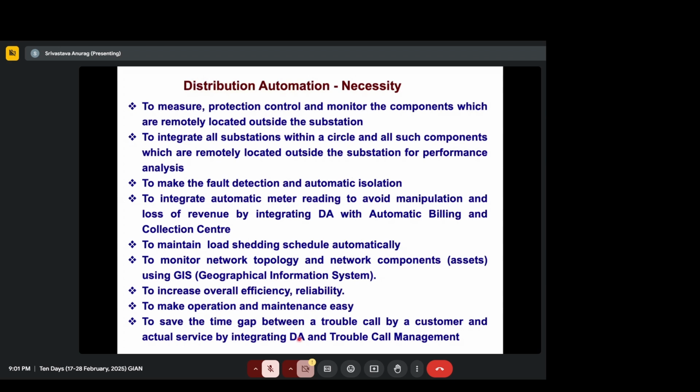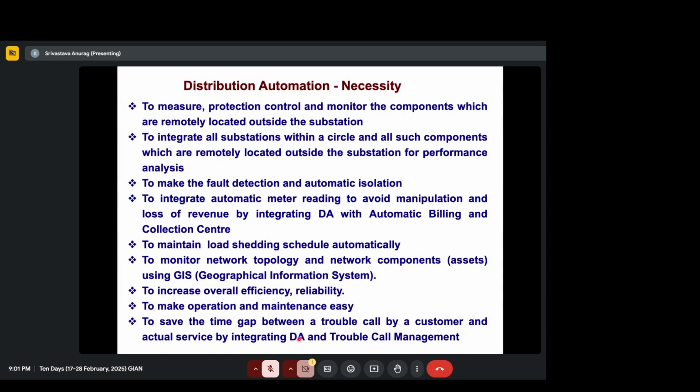Distribution automation is a set of all the digital controls which are automated in the field. It's just like you have a SCADA, right? So distribution automation is SCADA and the distribution system, plus software in the control center, plus automatic control in the field, right?